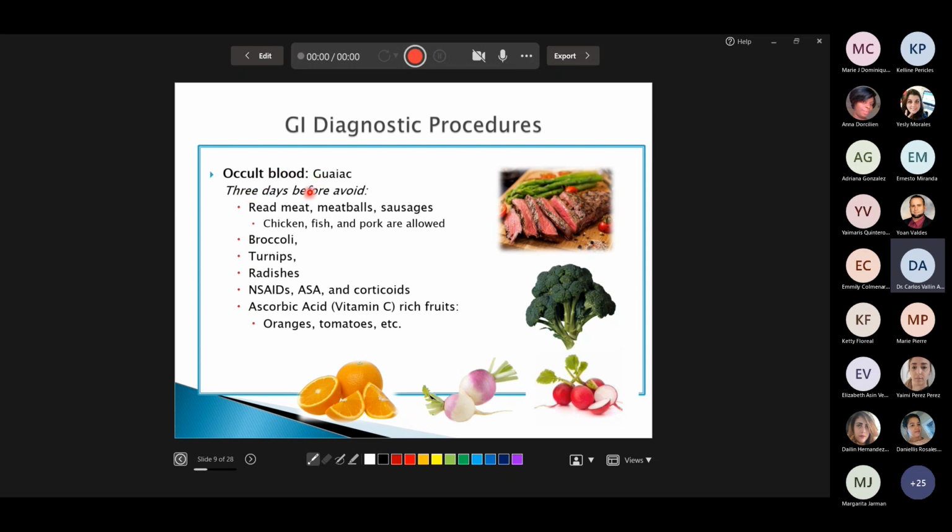The reagent that is used for the cheap fecal occult blood test is called guaiac. There are now other immunological tests that are very expensive and can be done, so they are fancier and can be charged more to the insurance, etc. But the guaiac test can be used by a nurse in any doctor's office or any facility, and you just obtain a specimen, a microscopic minimum amount of feces, and you add a drop of this reagent, and if it changes to blue, it is positive.